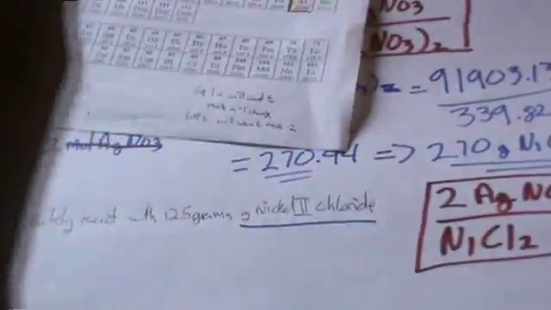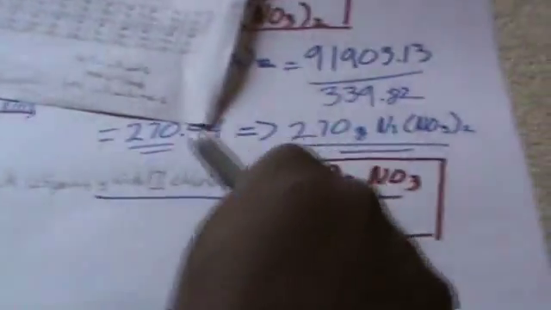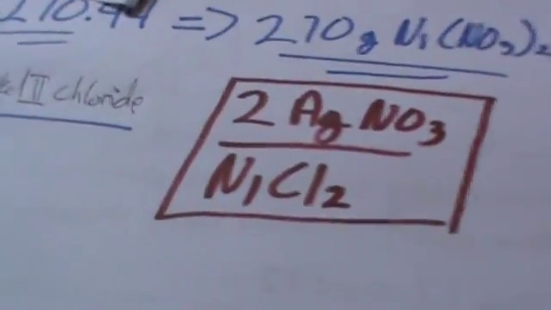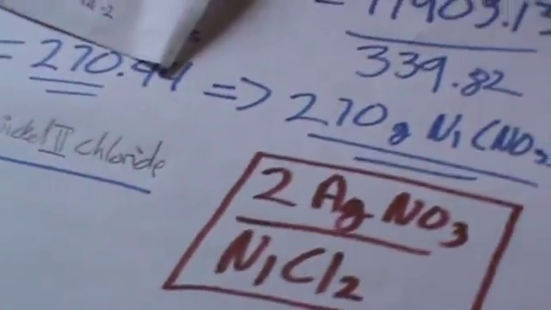Alright, so remember, we're moving from silver nitrate to nickel chloride. The next thing I want to do is have this thing below, and I already have my conversion factor over there. So 1 nickel chloride below, because I want to cancel it eventually.